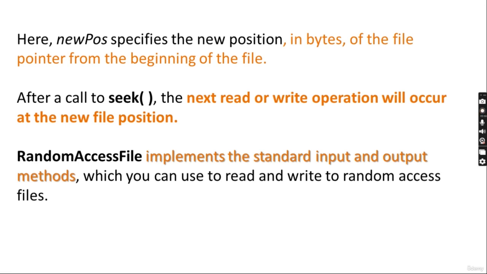After a call to seek, the next read or write operation happens from that particular position. RandomAccessFile implements the standard input output methods we can use to read and write random access files. So what is the special case in random access? You can position the file pointer at any place you need.